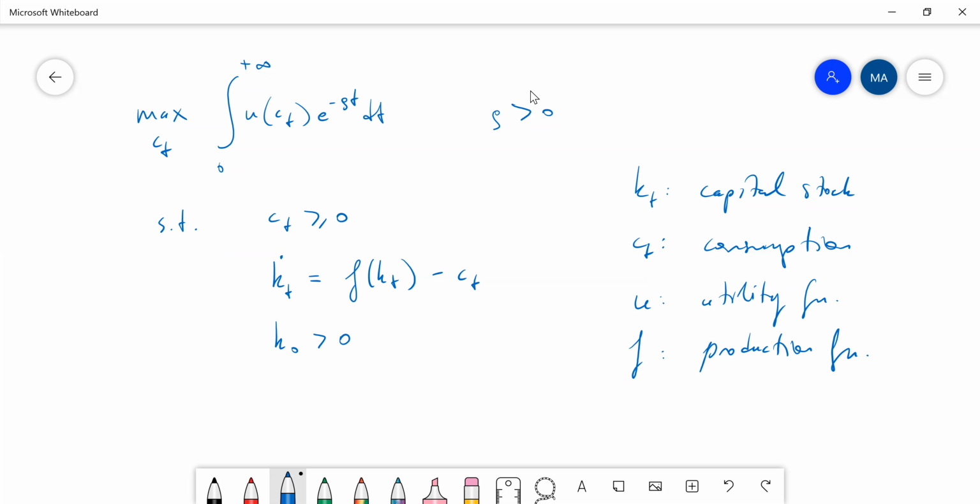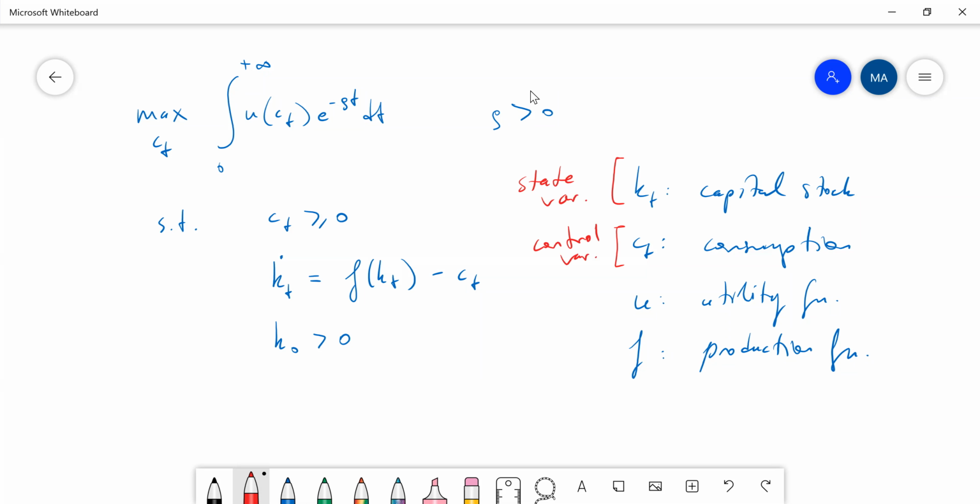All right. So here in this problem, the cake could be reproduced, right? The cake could be reproduced. It is not fixed. So this one will be called your state variable, and this will be your control variable.